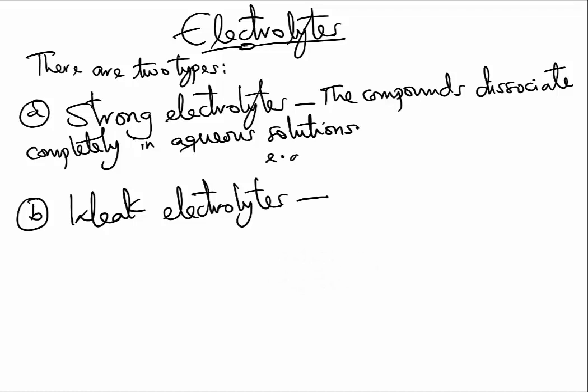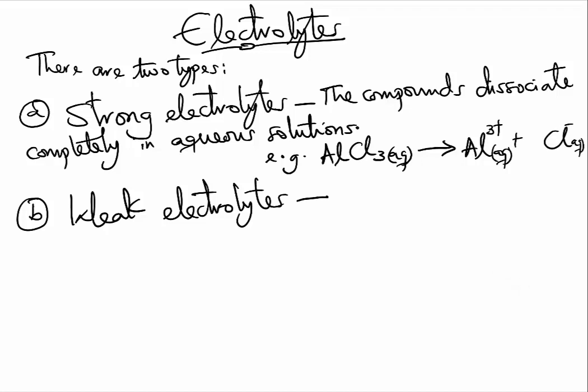For example, if you dissolve aluminum chloride in water, it will dissociate completely to form aluminum ions and chloride ions, leaving nothing behind, which means all of the AlCl3 will be converted into the aluminum ions and the chloride ions.